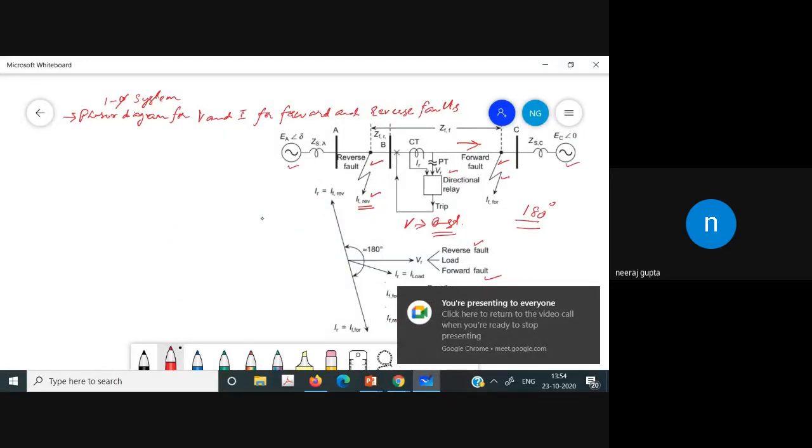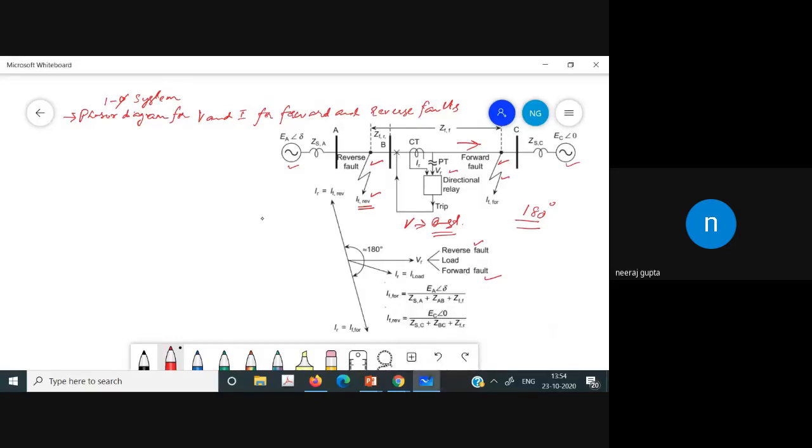Now here, VR is the voltage at the relay location. Then this is the current under the normal loading conditions. Now, whenever the fault occurs, let us suppose a forward fault occurs at this point. In that case, the voltage remains the same, it is a kind of reference, that is, the phase of the voltage remains the same.